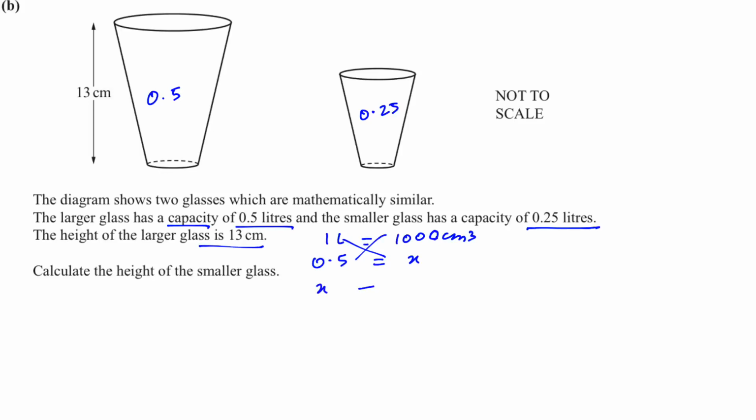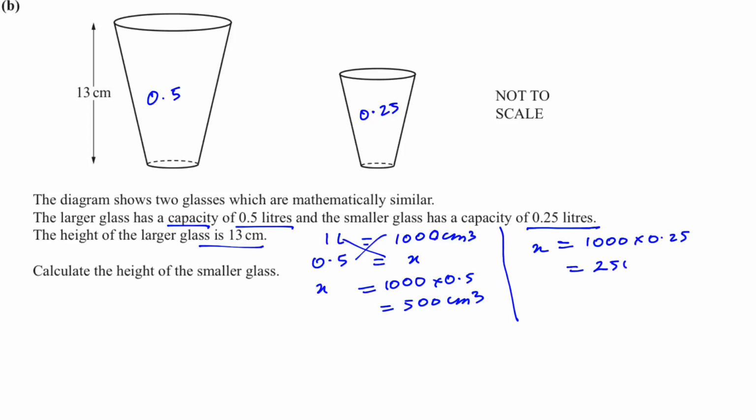So x is equal to 1000 times 0.5, which will give us 500 cubic centimeters. The same we will do for 0.25 liters. So x is equal to 1000 multiplied by 0.25, which will give us 250 cubic centimeters.